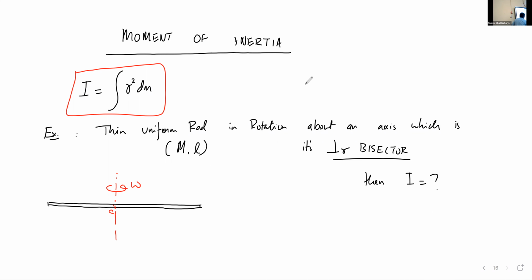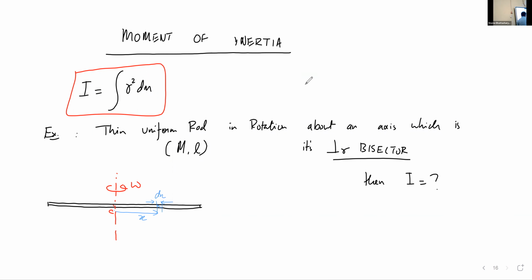So what we'll do is, we'll say at some position x with respect to this axis, taking this as the origin of our x-axis, we'll slice a thin section of thickness dx.